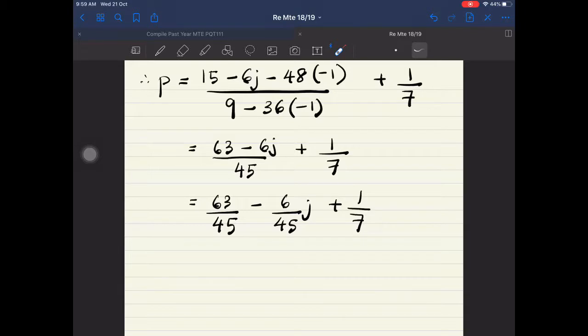So therefore you will have, so 63 over 45 plus 1 over 7 will give you 54 over 35. So for this function, try to simplify. 6 over 45 will give you 2 over 15j. So therefore this is your final answer.